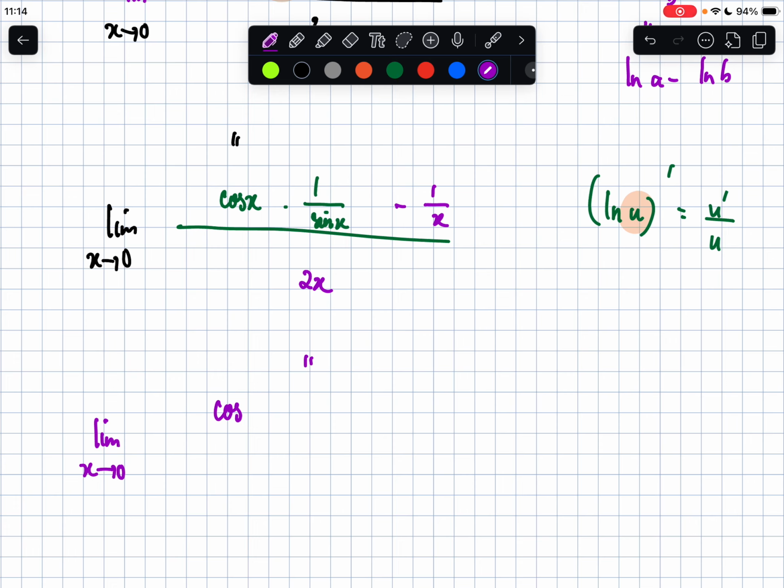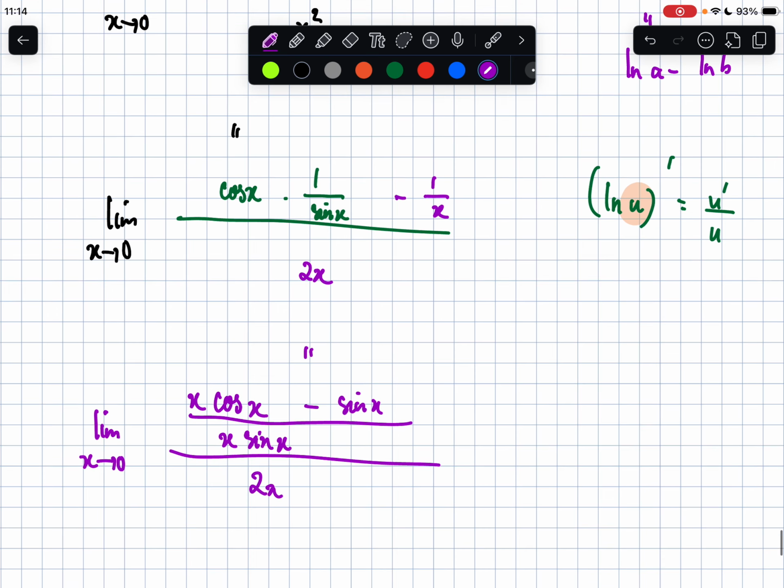So let's put it together: the common denominator is x times sin x, and up there we have x cosine x minus sin x, divided by 2x.